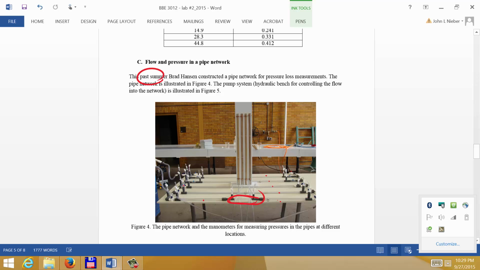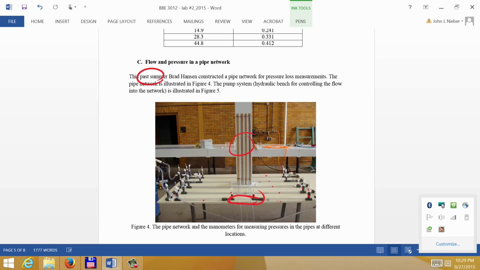And upstream and downstream of some of these points we've got small connections so that we can actually measure the water pressures at these points that you see here. And we do that by connecting these manometers to these connections, and with those we're able to measure the water pressures.